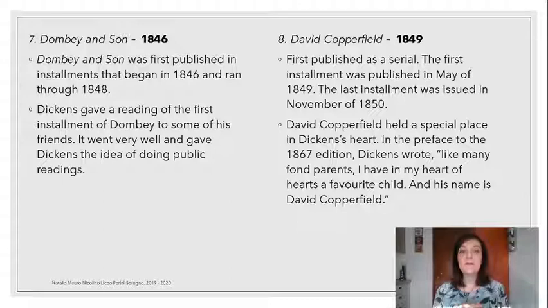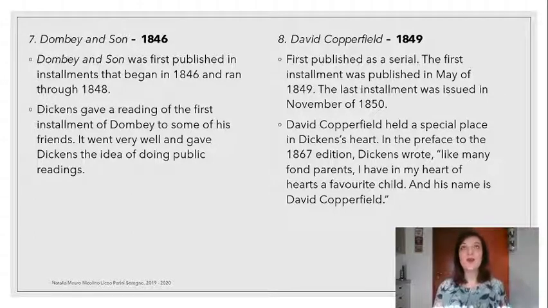Okay, this novel is usually considered important because when Dickens read the first of the installments aloud to some of his friends, his friends were so enthusiastic about his reading that this gave Dickens the idea of doing public readings, and we know that he was very successful because he used to do these public readings, which were considered a very popular form of entertainment during the Victorian age.